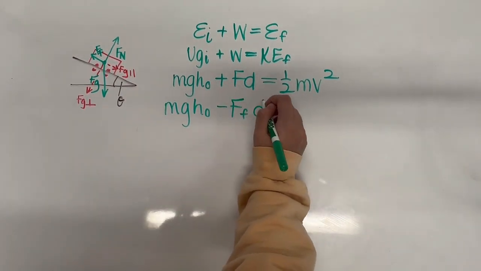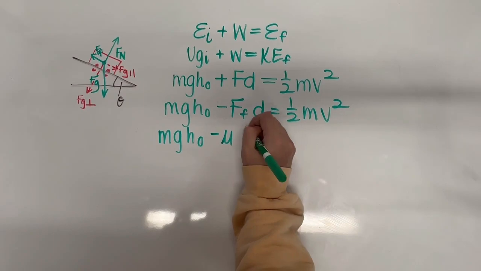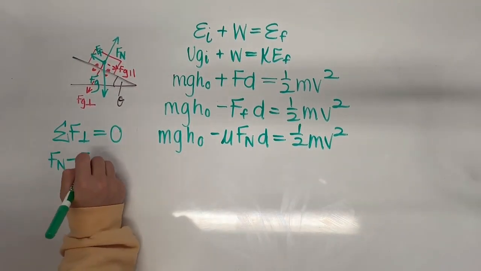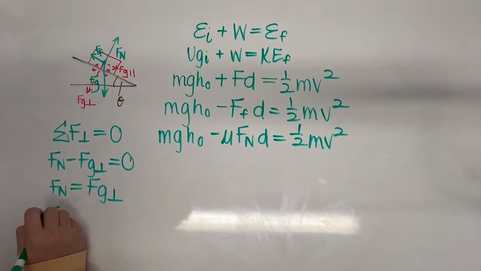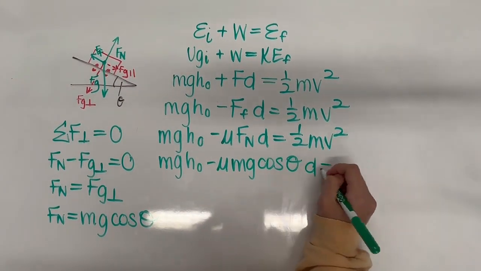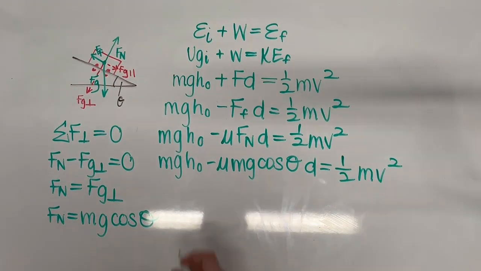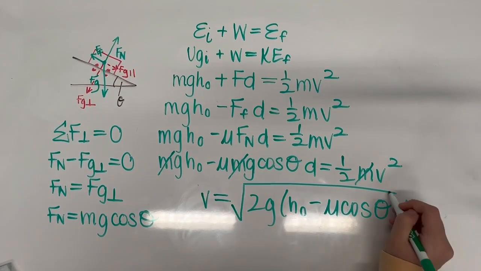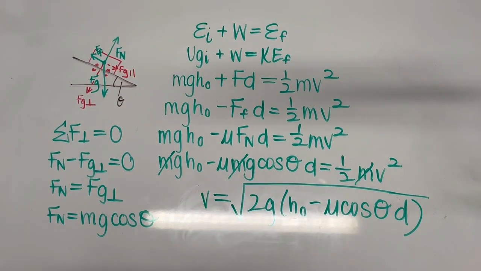Starting with the equation energy initial plus work equals energy final, we can plug in corresponding variables, simplify the equations, and achieve the final derivation, that is v equals the square root of 2g times (h0 minus mu cosine theta d), where theta is the angle between the track and the horizontal baseline, and mu is the friction coefficient.